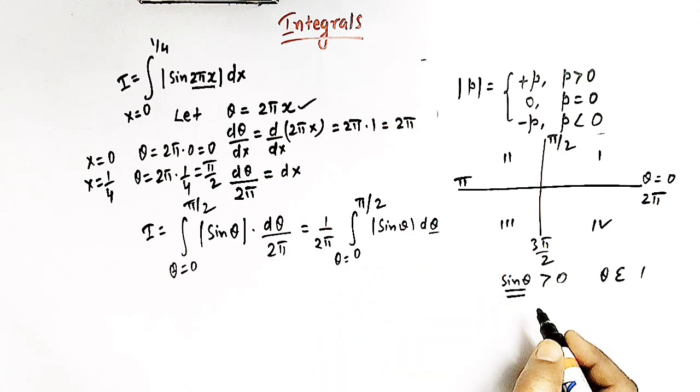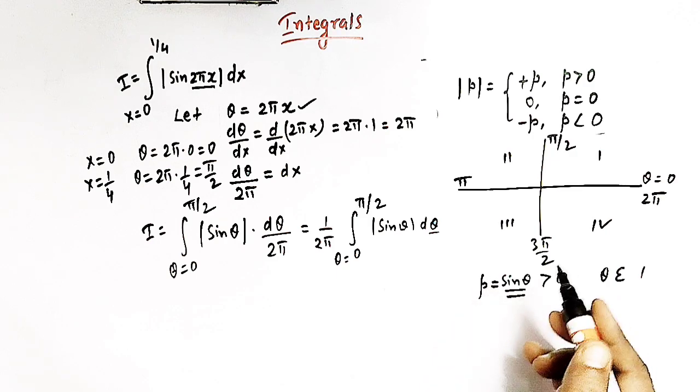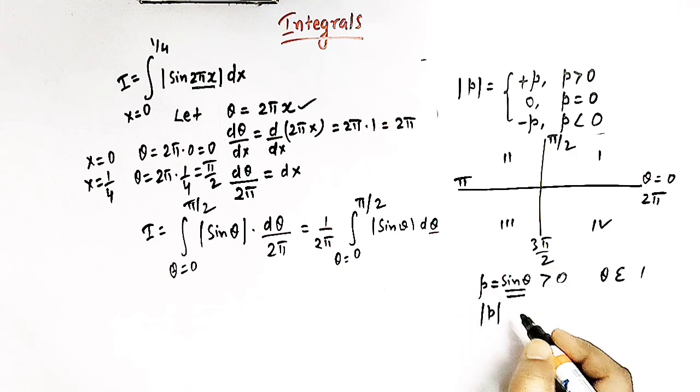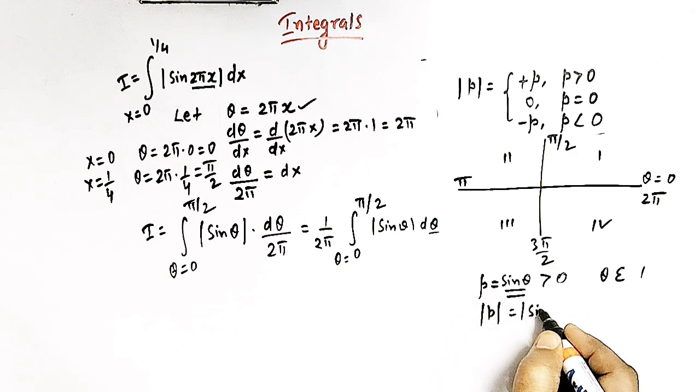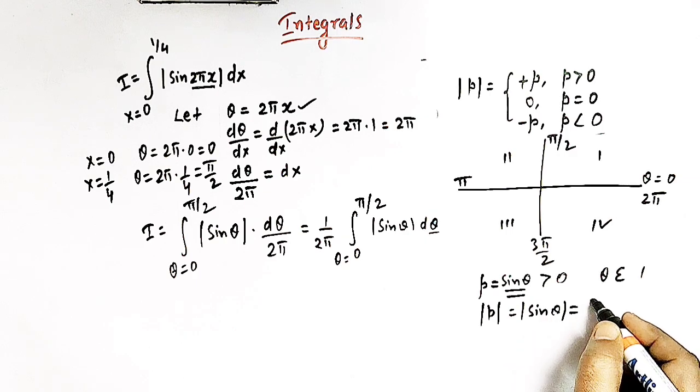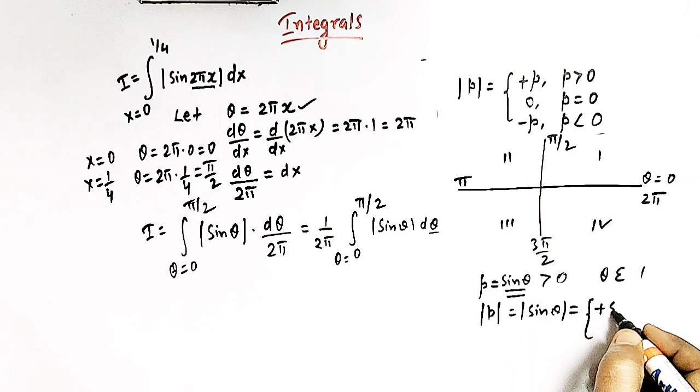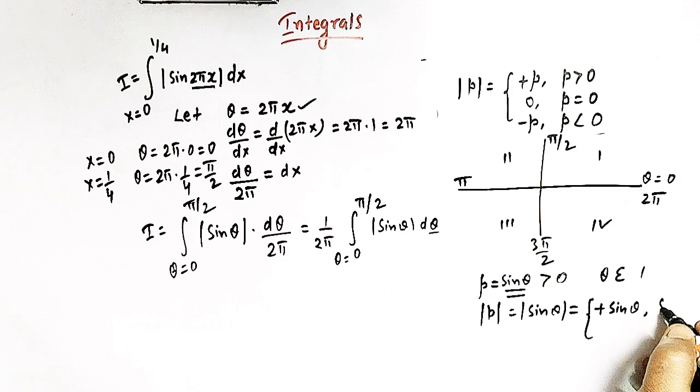So if we take sine theta as p, then mod of p, that is mod of sine theta, is equal to positive sine theta when sine theta is greater than 0, and theta belongs to this interval, that is 0 to pi by 2, right?